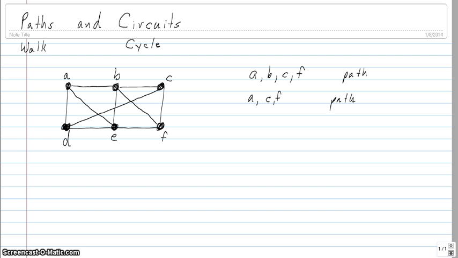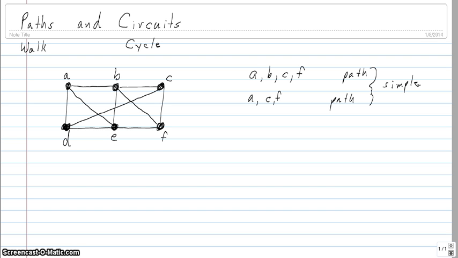And there is the idea of a simple path. Both of these that I listed are simple paths because they do not repeat any edges. An example of a path that's not simple might be something like this.